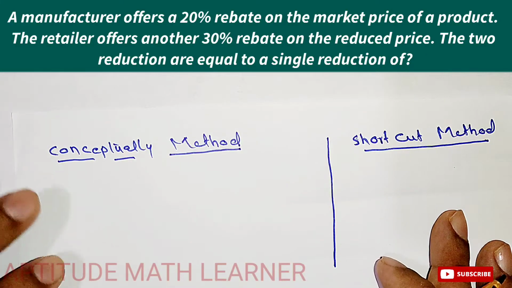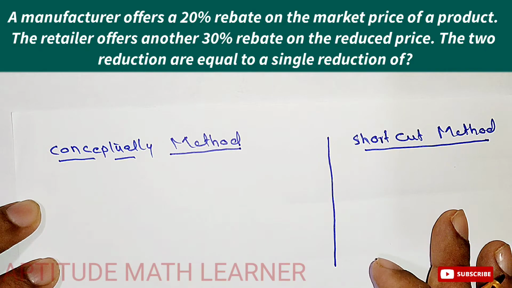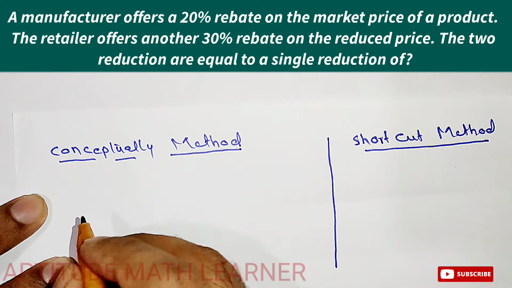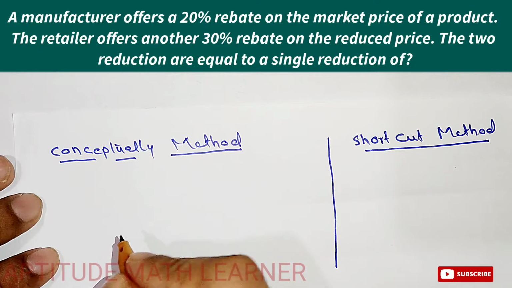Here, the first reduction or rebate which the manufacturer has offered is 20%. For this, let the price be rupees 100.